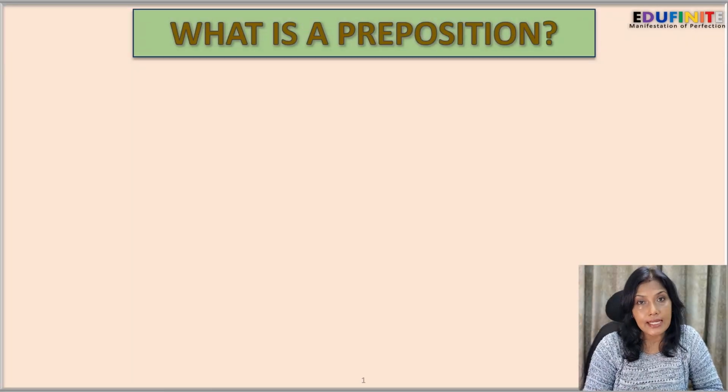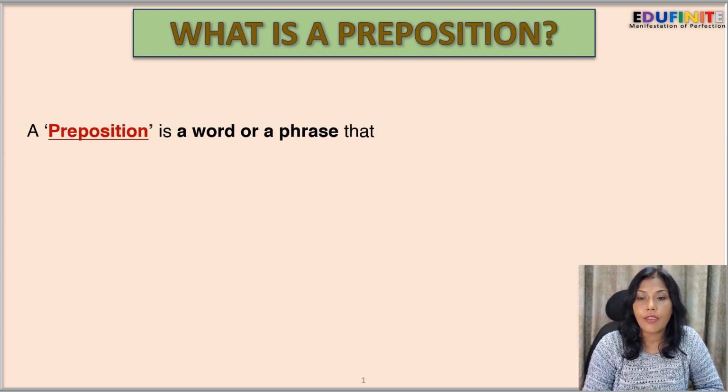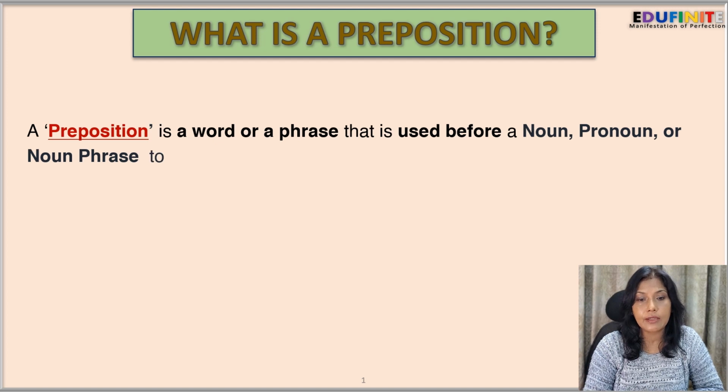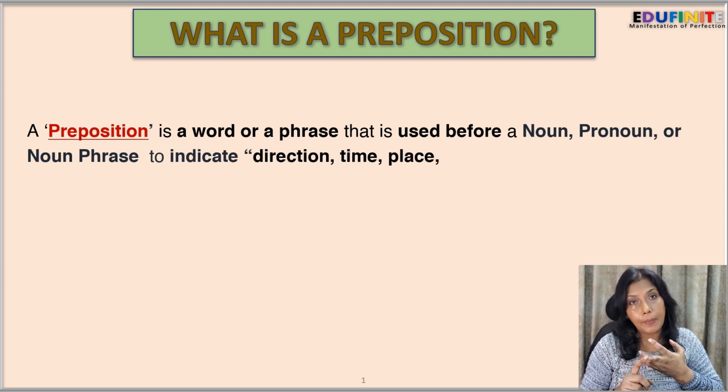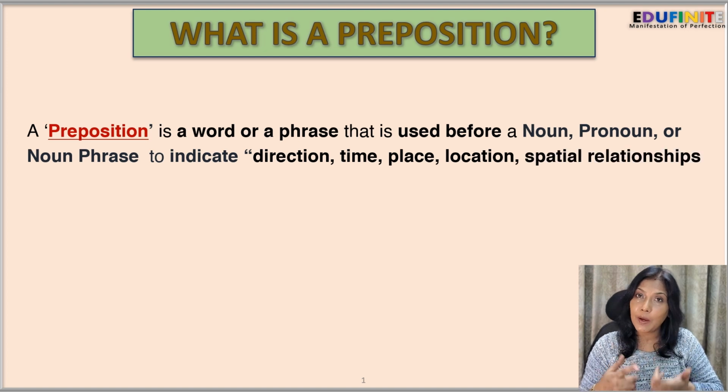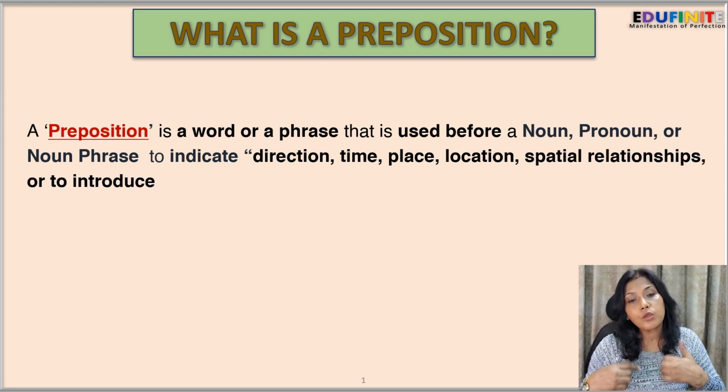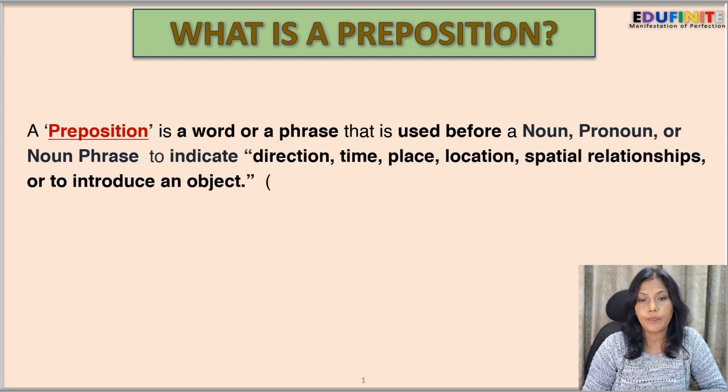Now, what is a preposition? A preposition is a word or a phrase that is used before a noun, pronoun, or noun phrase to indicate direction, time, place, location, special relationships, or to introduce an object.